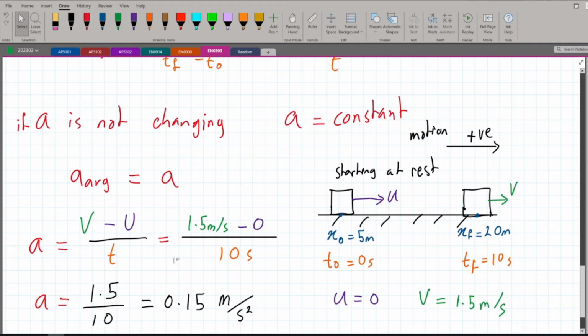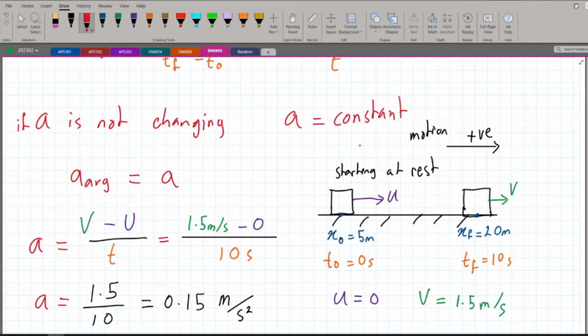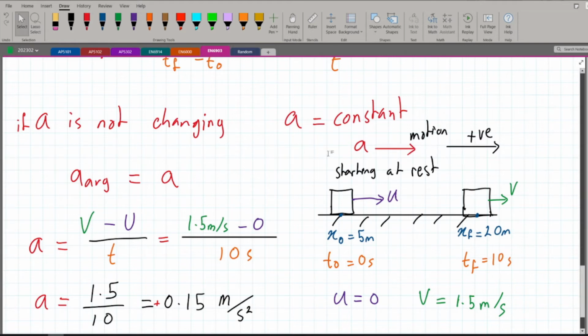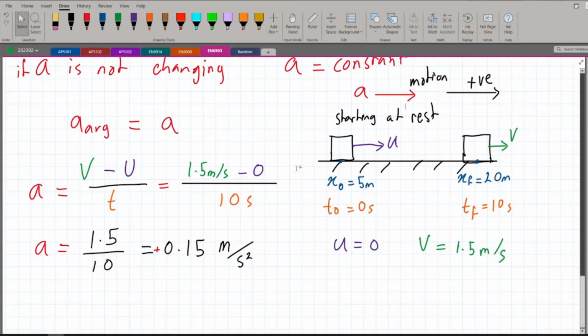And then if we're given time, we can find the acceleration as well. Since it is a positive value, the acceleration is going in this direction, and it is a constant acceleration. Constant acceleration basically means the initial and final acceleration is the same. It is not changing. This would be the case in most of the situations that we are going to be dealing with.